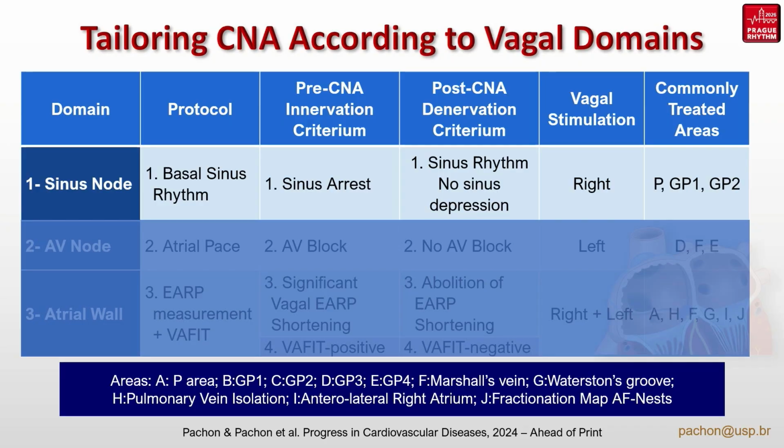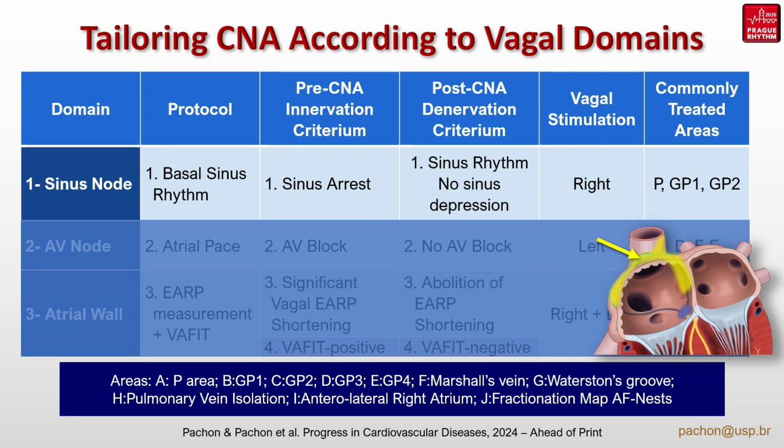And nowadays, due to the selectivity of the vagus, it is possible to do a specific cardioneuroablation, for example, for sinus arrest, in order to get a more specific ablation and avoid spreading the ablation in the whole atria.